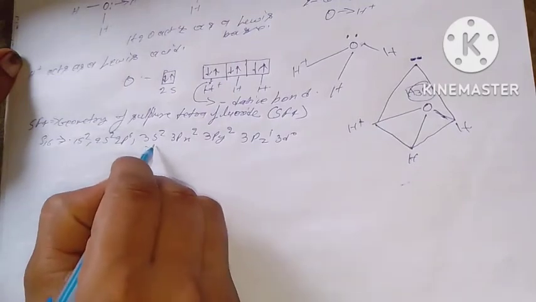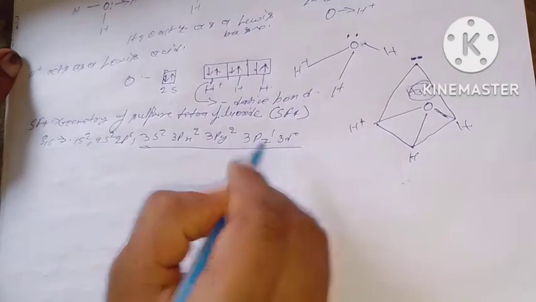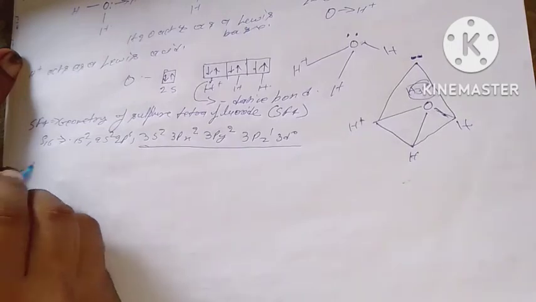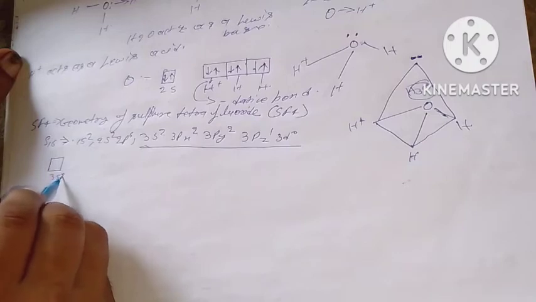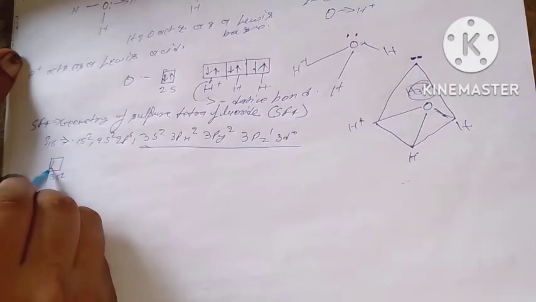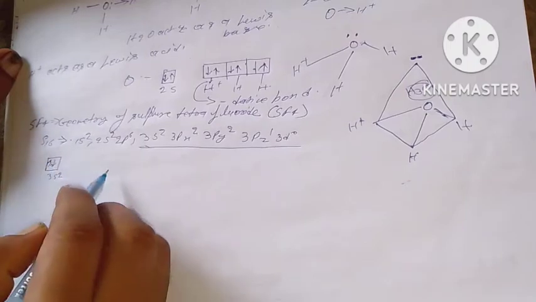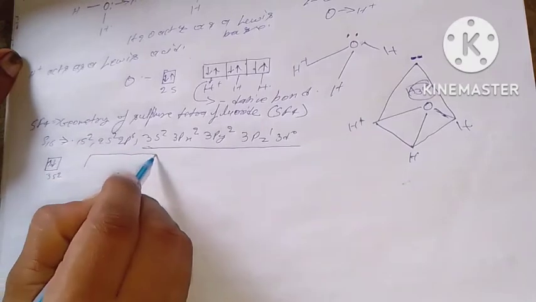We will be talking about the third shell. This is the 3s2, and the electrons are filling like this.